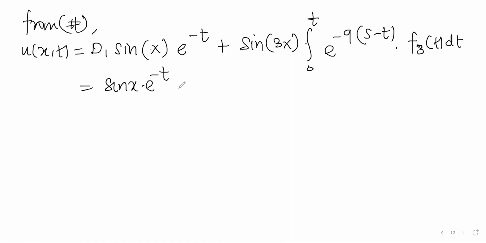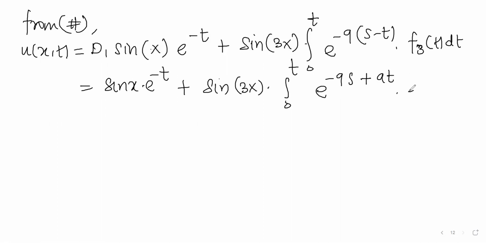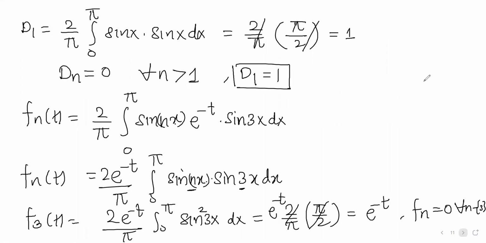So it will be simply e power minus t plus sine 3x will remain as it is, and then integral 0 to t, e power minus 9t plus 9s, and f3 is e power minus s. I think I made a mistake. It's ds. Okay, it will create a confusion around f3 of s ds. So instead of this, it will be e power minus s, because I got here e power minus t, so I need here e power minus s.